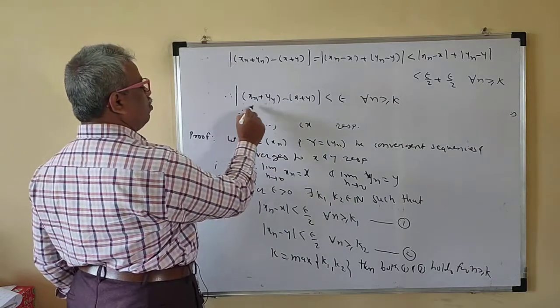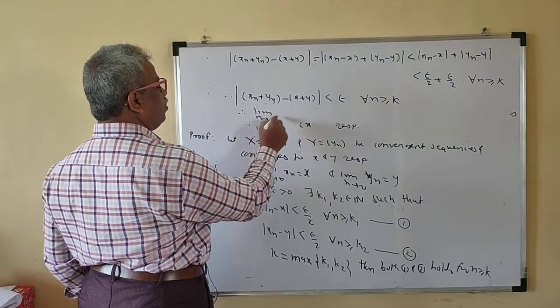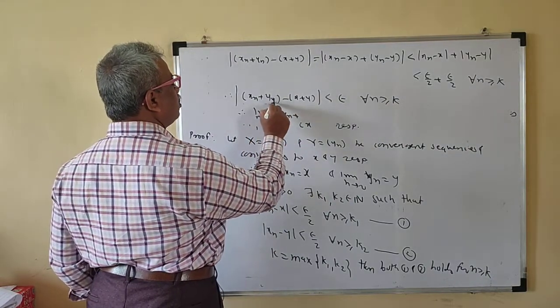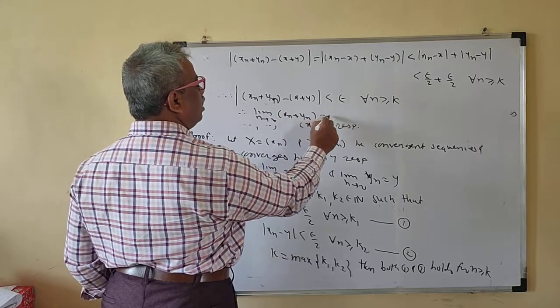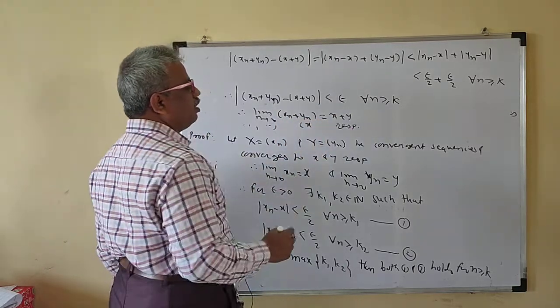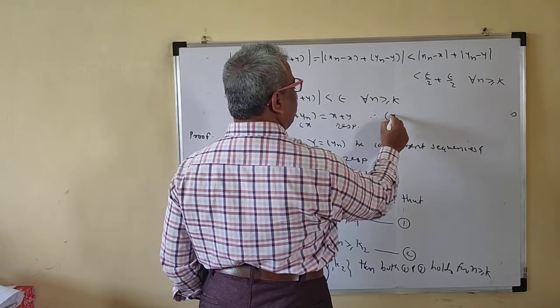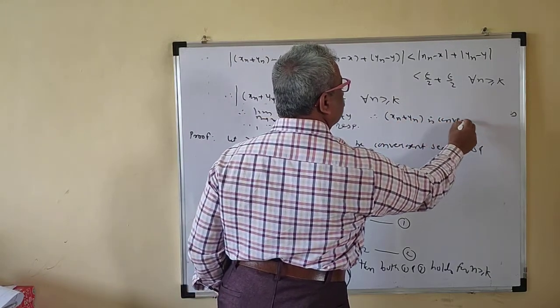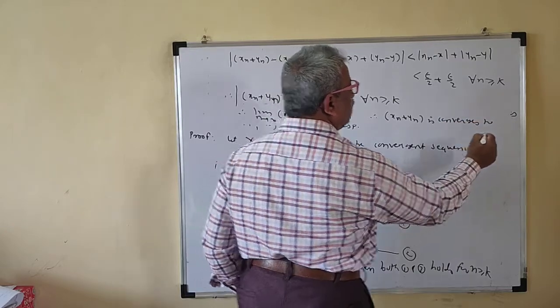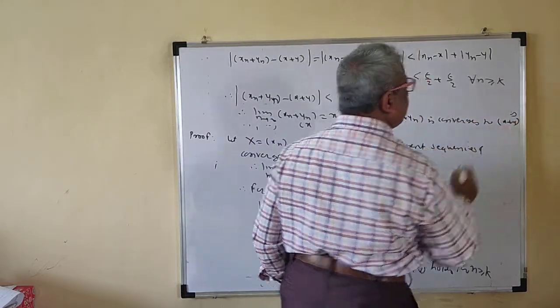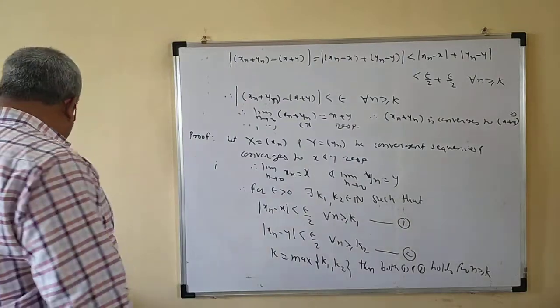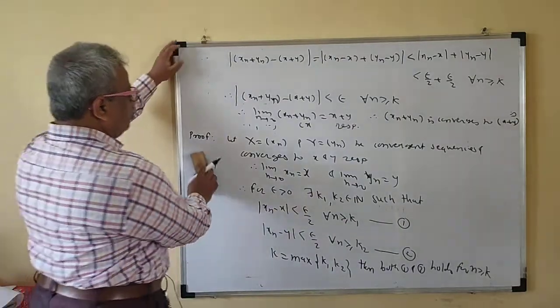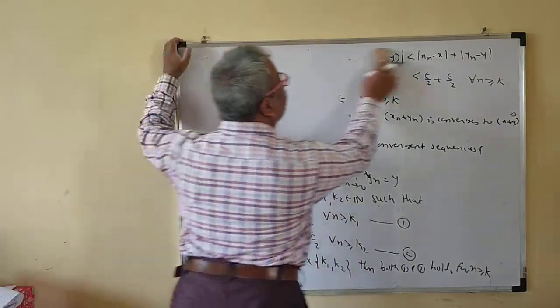So therefore the limit as n tends to infinity of xn plus yn is equal to x plus y. So the sequence xn plus yn converges to x plus y. Okay, so the first part is over. Now do the second one.